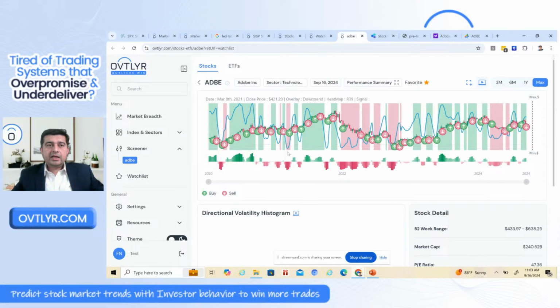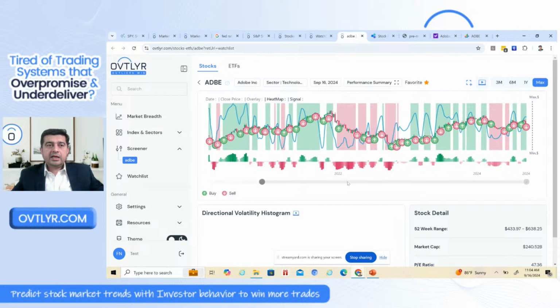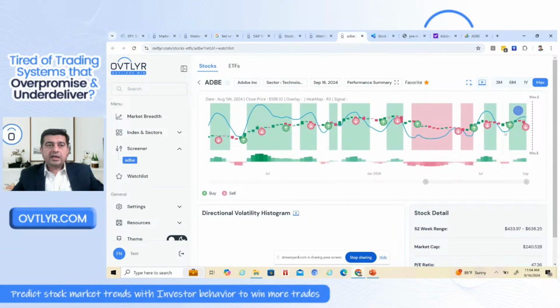So how it helps me: when it is changing direction from bottom to up, I feel confident. Of course, I look into other factors of the data as well, but I feel confident that prices are going to go up. So if I'm sitting on the sidelines to get into a stock, for example, in the case of Adobe, back on August 12, right? Our buy signal came around August 19.